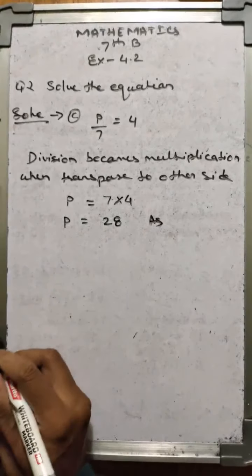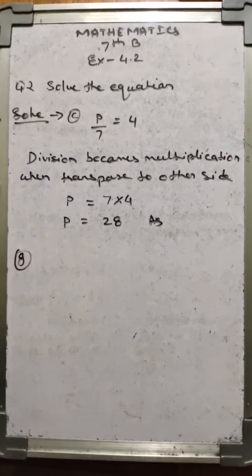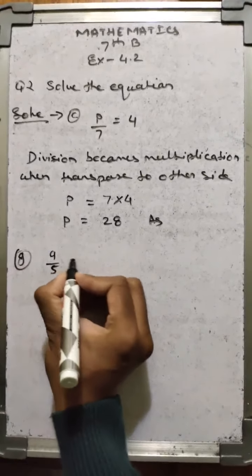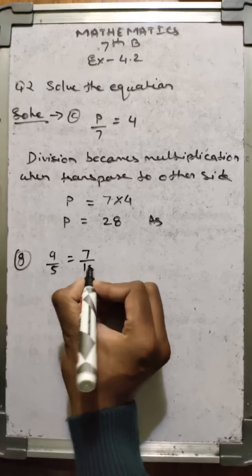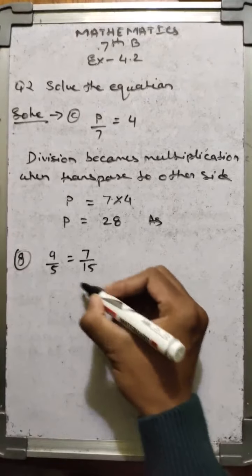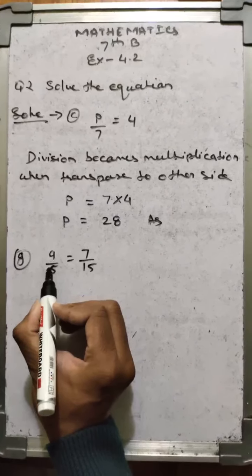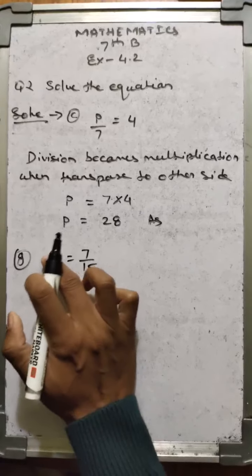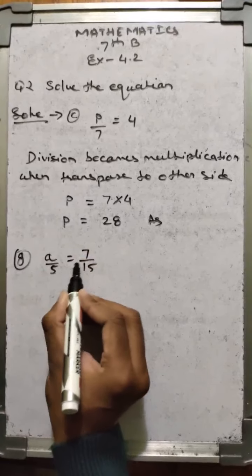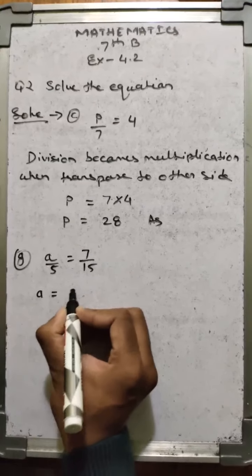This is your answer. Now I am doing the G part of this question. In this question, a by 5 is equal to 7 by 15. Now don't do anything with this number. We need to separate this variable. This is a, not 9. If I transpose this 5 to this side, our a will become separated.